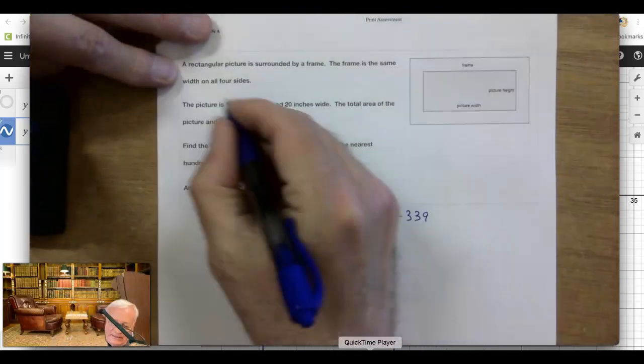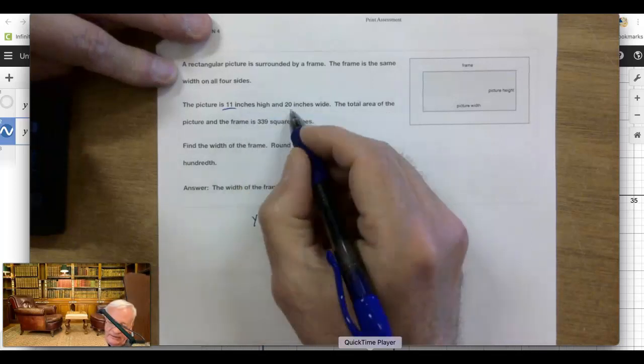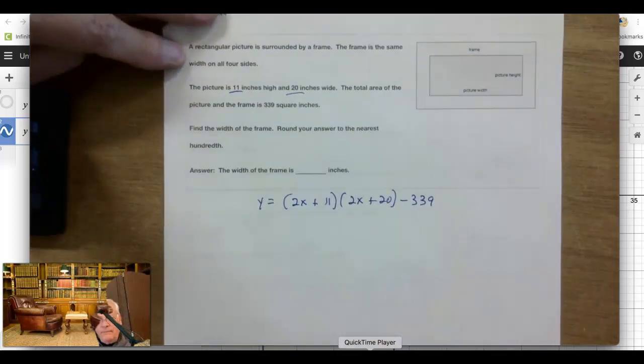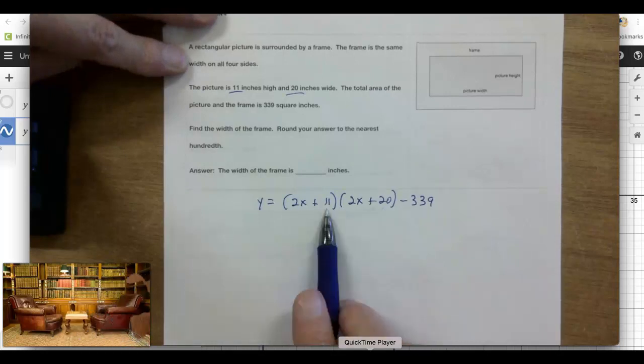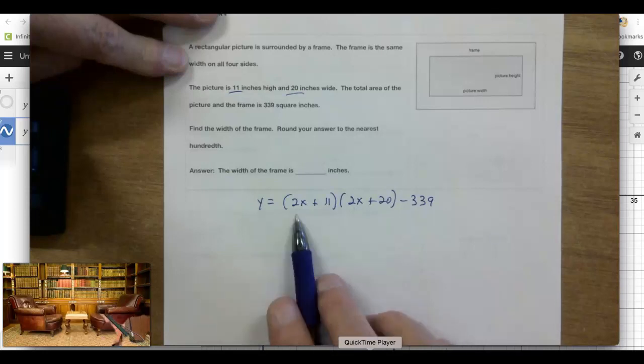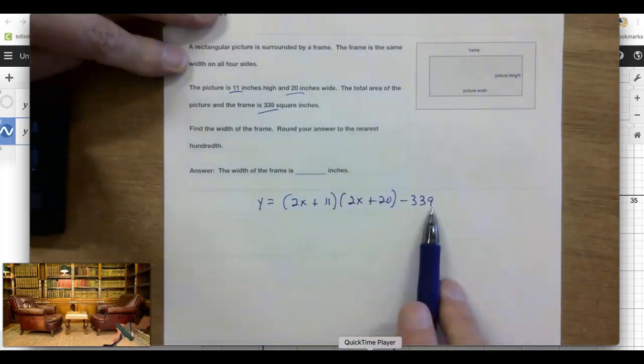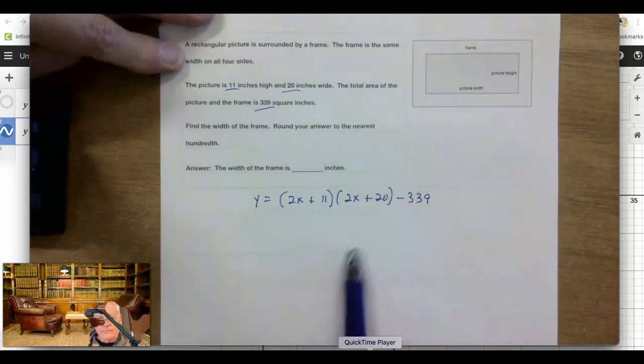Again, the picture is 11 high and 20 wide. All right, so the 11 and the 20 go right there. Now you add it to the width of the frame is what you're doing there to get the total area. 339, the total area, subtract it back out.